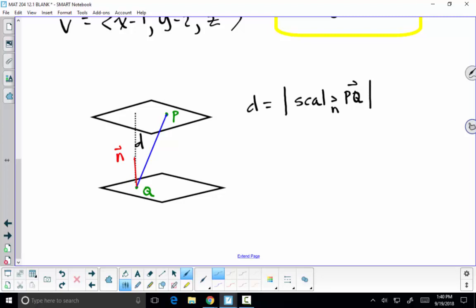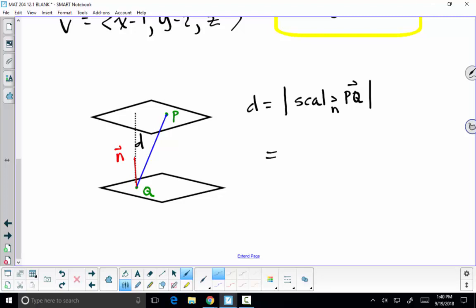If we're projecting PQ onto N, remember that when we project, you can get a negative for that scalar component depending on whether you're dealing with an obtuse angle or an acute angle. You can imagine PQ being skewed this way where you'd have an obtuse angle. So that could be negative, so that's why we take the absolute value.